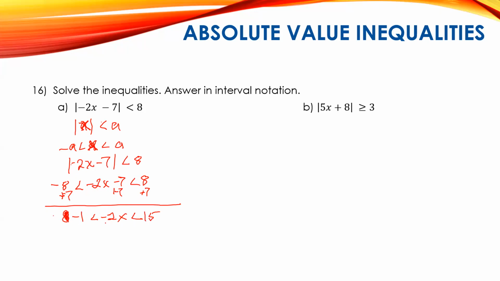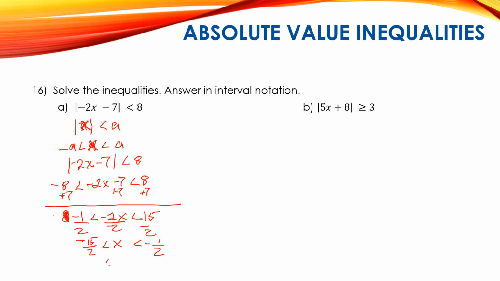And divide by negative 2 on both sides, and we have to flip it. That will be negative 15 over 2 less than x less than negative 1 over 2.